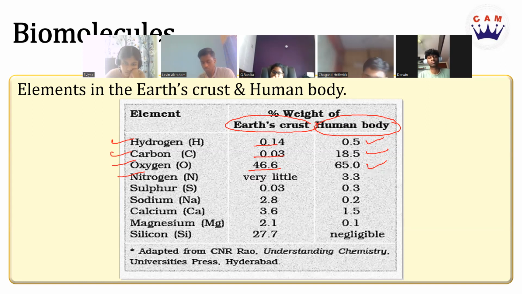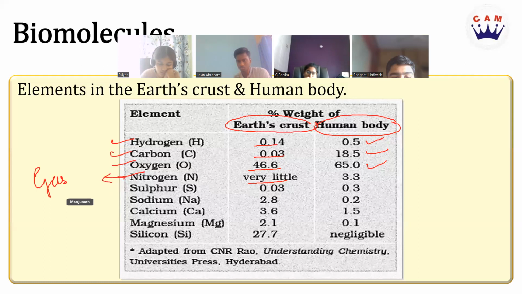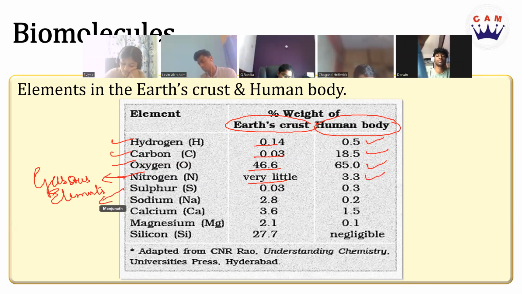Nitrogen is very little because it is a gaseous element. Nitrogen is what element? A gaseous element. Therefore, it is found in the atmosphere, not in the earth crust. Therefore, very little. But in the human body it is 3.3. Sulfur is also a component of amino acids. And where do you find the amino acids? Proteins.